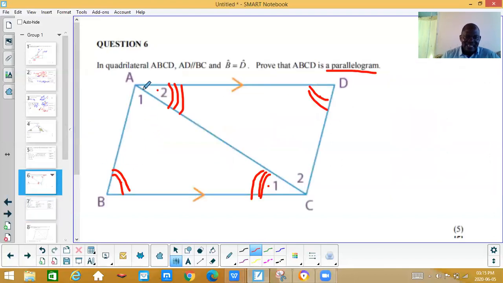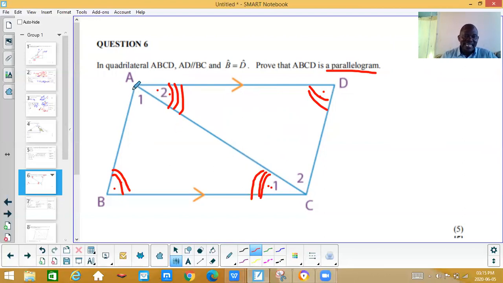we are saying triangle ABC and the triangle CDA. When you look at these triangles, this angle is equal to this one, we were given. And then this one is equal to this one, and that side is common.